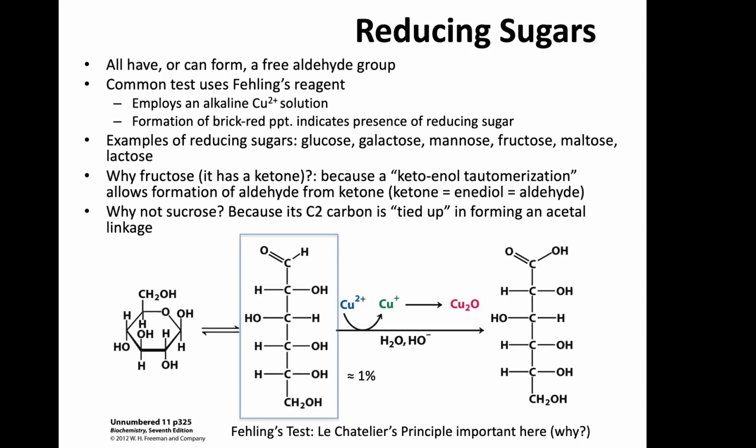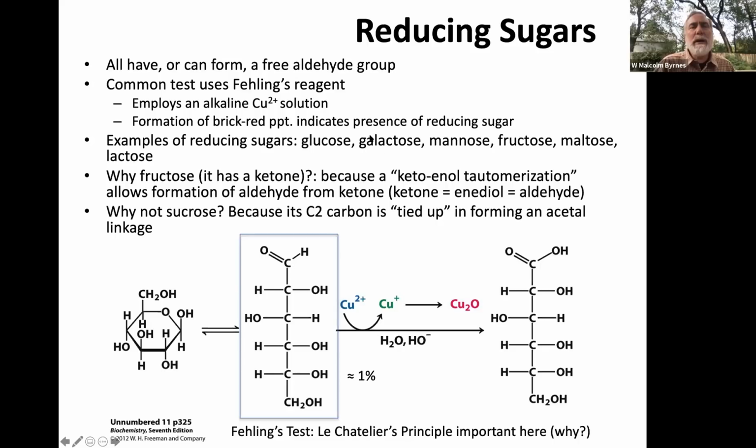Okay, thank you. So we can talk about a sugar being a reducing sugar or not. Let's unpack what that means. All reducing sugars have or can form a free aldehyde group. A common test for reducing sugar uses what's called Fehling's reagent, F-E-H-L-I-N-G apostrophe S. It employs an alkaline copper II solution.